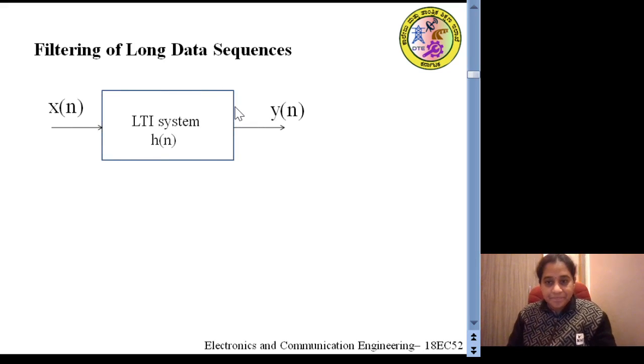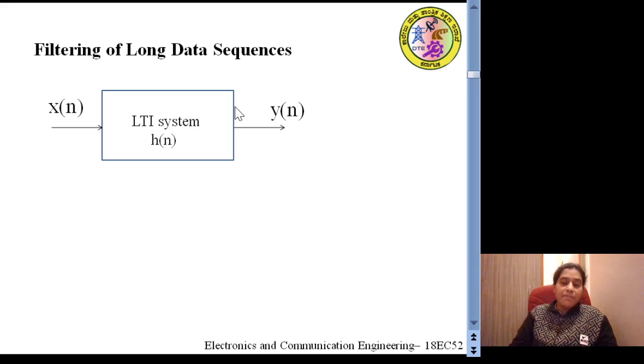Let us consider a linear time invariant system with the system impulse response h of n. When we say a system is linear time invariant, that system has to be linear as well as time invariant, right?